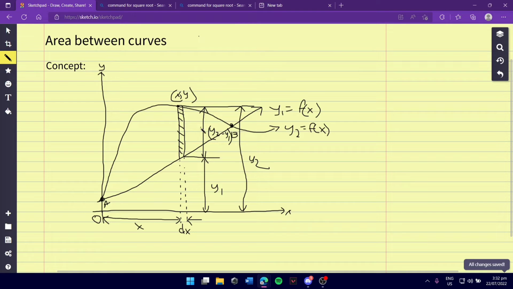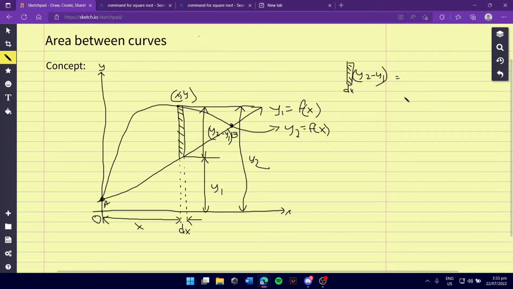So we will solve for the vertical strip here. Again, we'll take out our vertical strip, put it in here. So this is your y2 minus y1, and this is your dx.